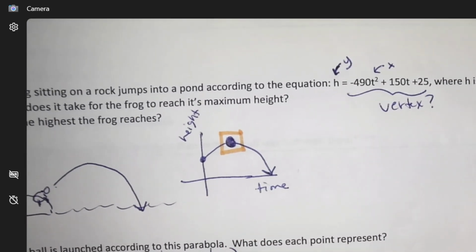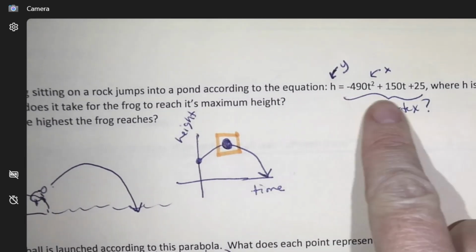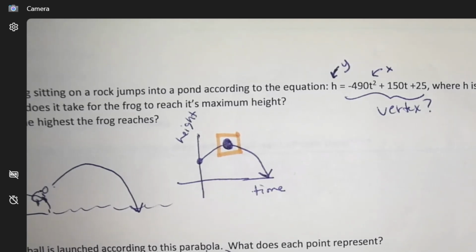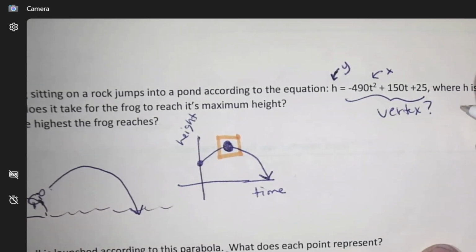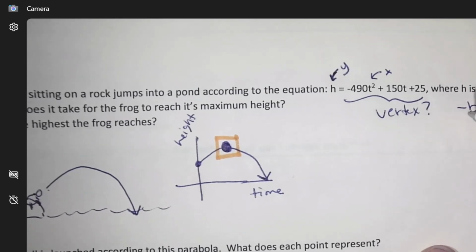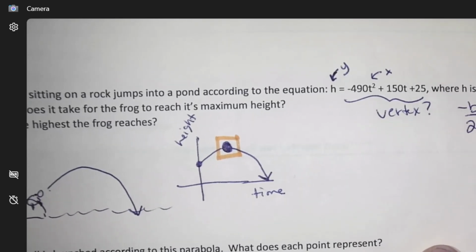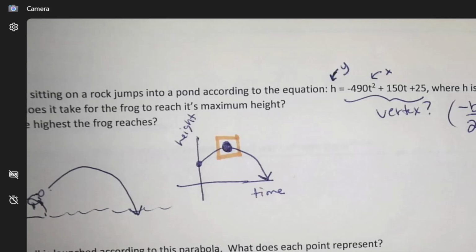How do I find a vertex? If your equation looks like this, how do you figure out the vertex? What's the process? You know it. Minus b over 2a. Yep, that's the process.